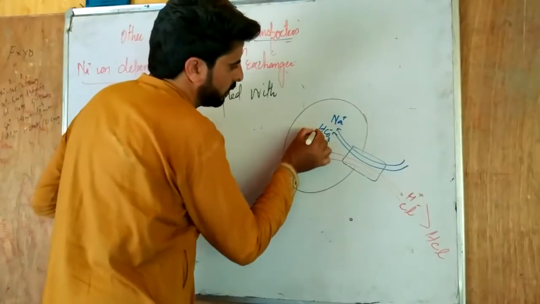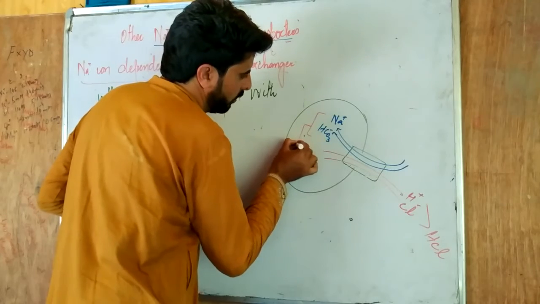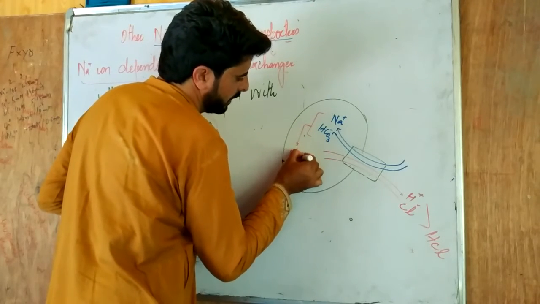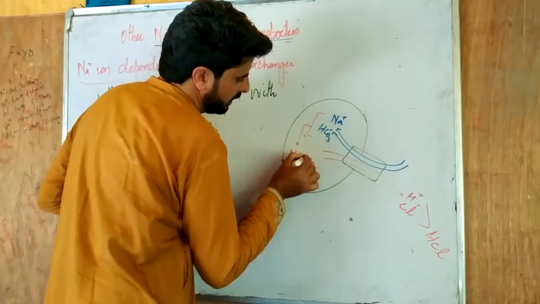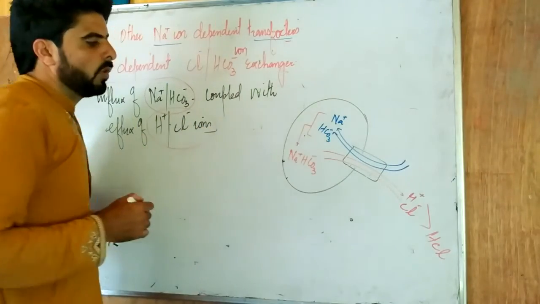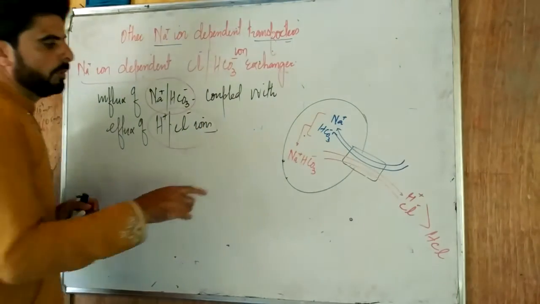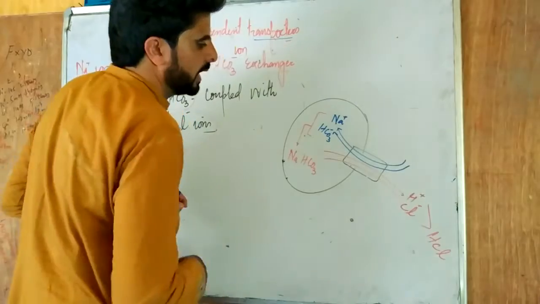And here it leads to the formation of sodium bicarbonate. So sodium bicarbonate gets formed here, and we have the formation of HCl here, that's the hydrochloric acid.